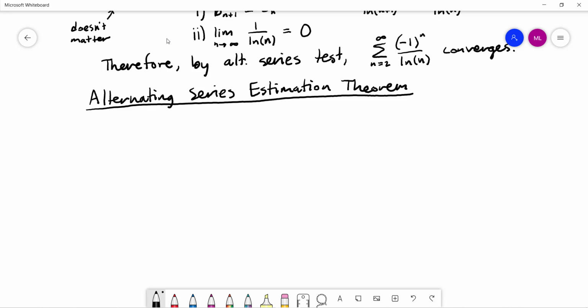So the alternating series estimation theorem says that if S is the true sum of the sum from, again, -1 to the n plus 1, b sub n, and might as well write it here, n equals from 1 to infinity. So if this is the actual true sum of the series, if it's S, and this is happening because b sub n is always greater than 0, and we have this alternating series.